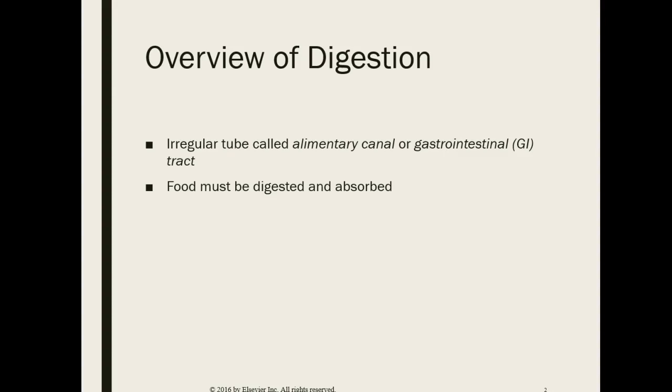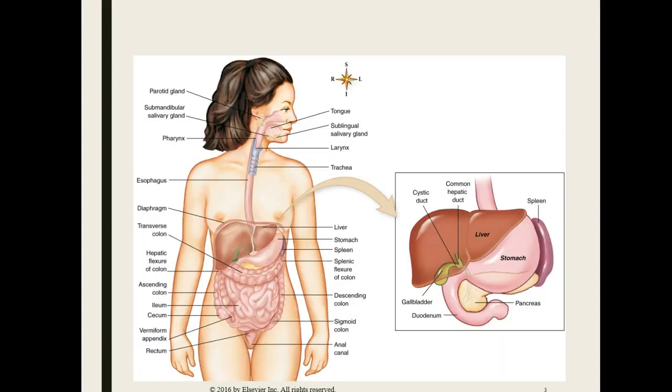In an adult, this tube is going to be about 29 feet long, and this is where food is going to be digested and absorbed. So this kind of gives us an overview of all of the different organs in the digestive system. So we'll start with the oral cavity here and then work our way down, wind through the small intestine, go through the large, and then end at the anal canal.